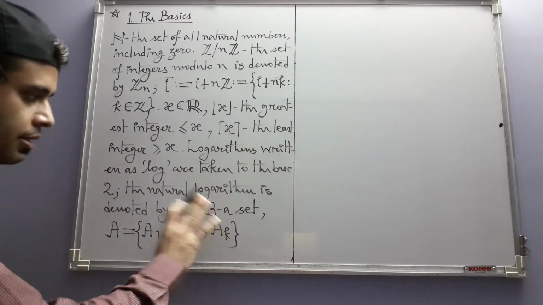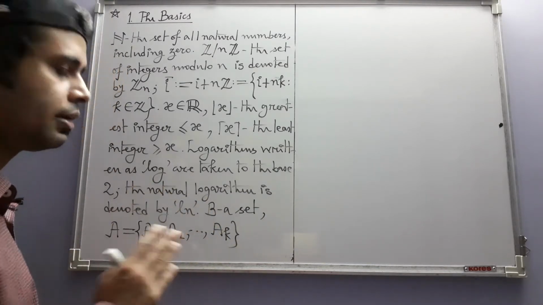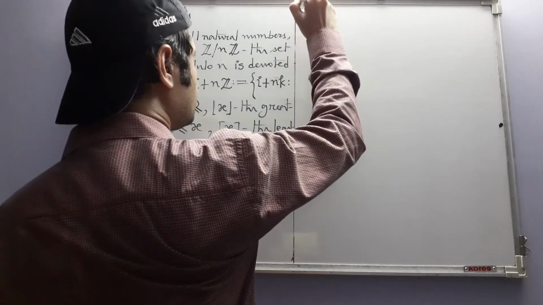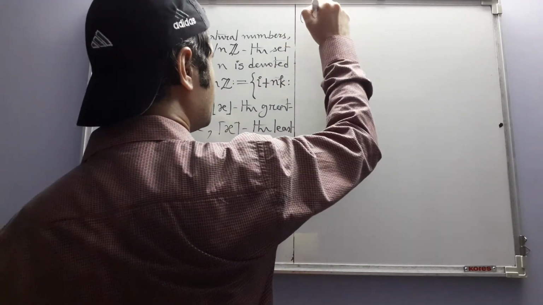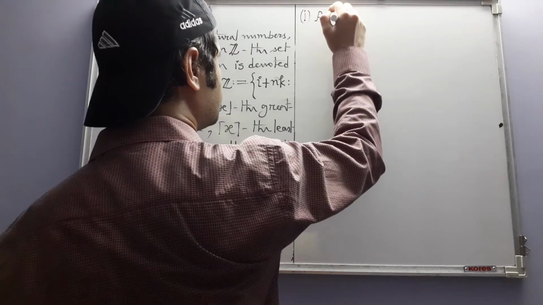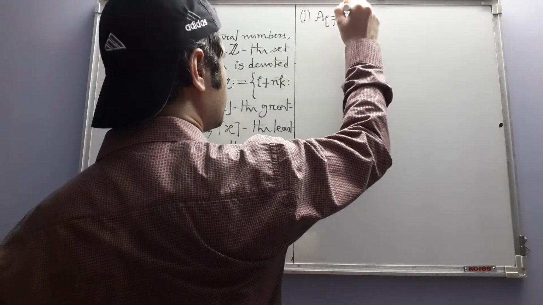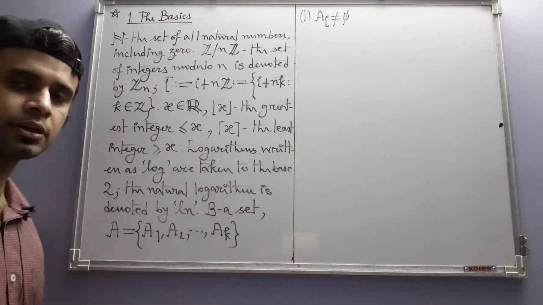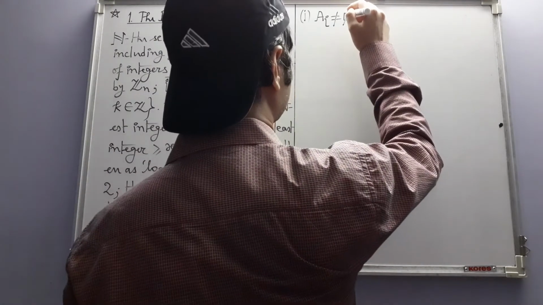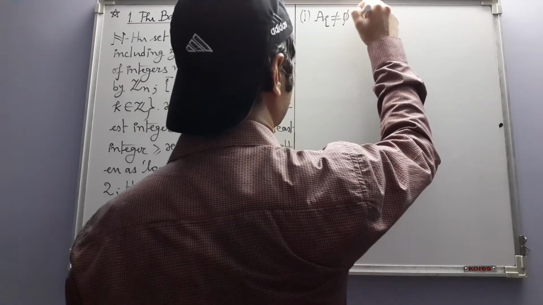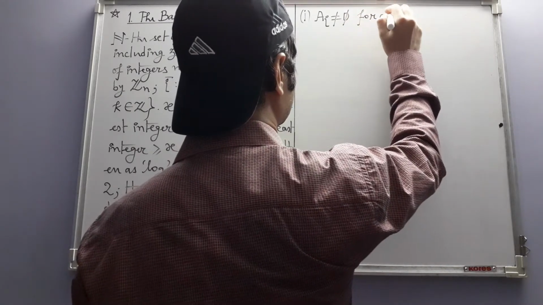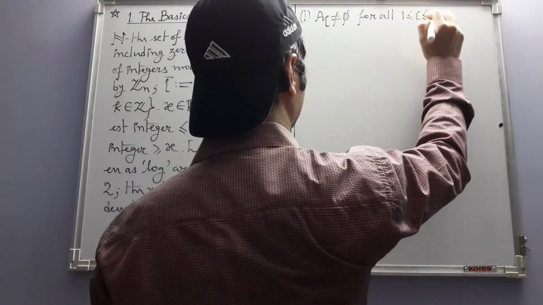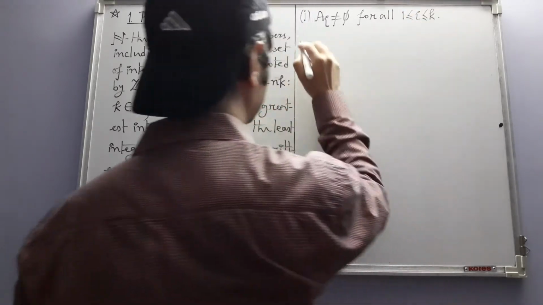So each Ai is a subset of B, and it has 3 properties. The first one is that each Ai is a non-empty set. That means each set in this collection is a non-empty set. There is no empty set in the collection for all i lying between 1 and k.